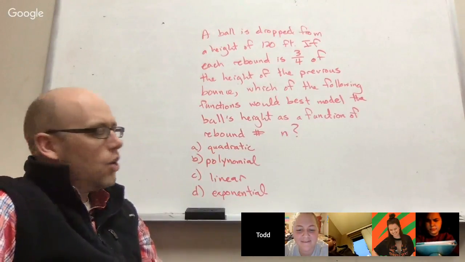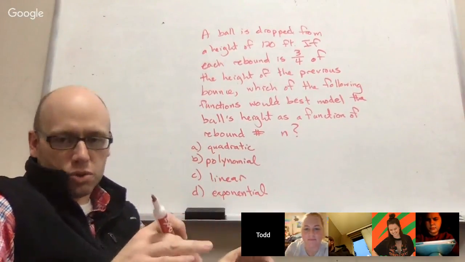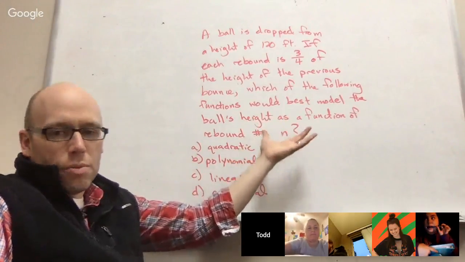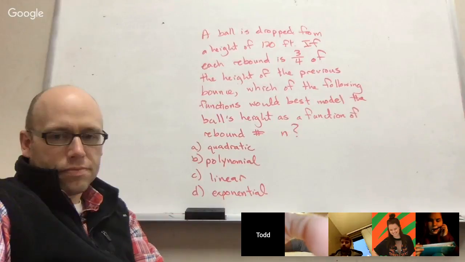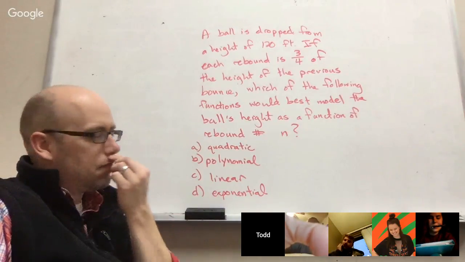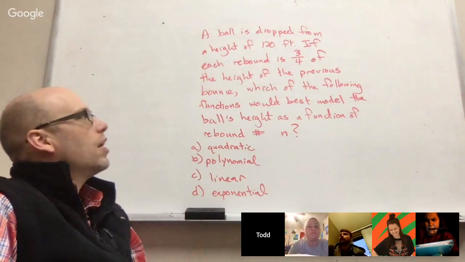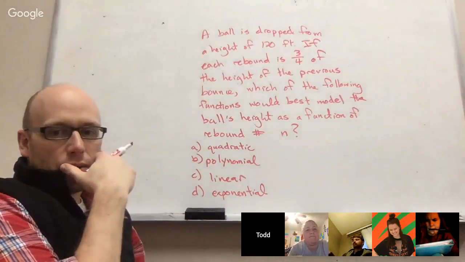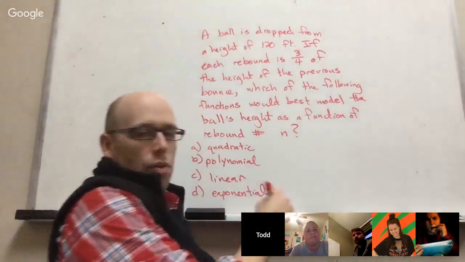So let's think about what our variables are here. What are the two variables we're told? 120 and 3/4. Well, those are our numbers that we're given. They're not the variables we're given. Gabby says height and rebound number. She's exactly right.